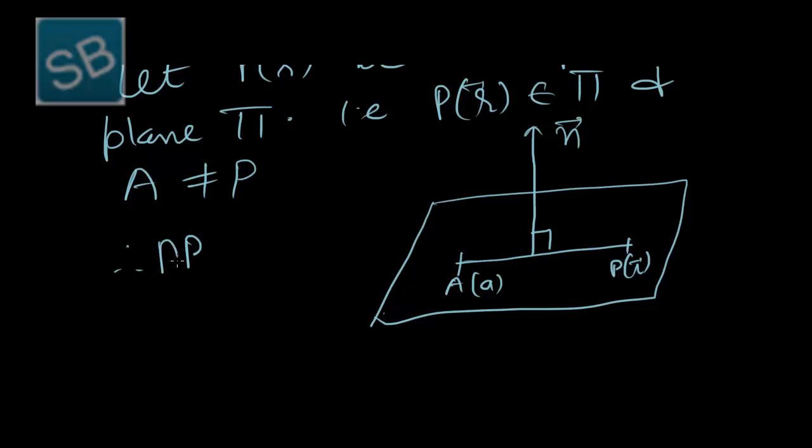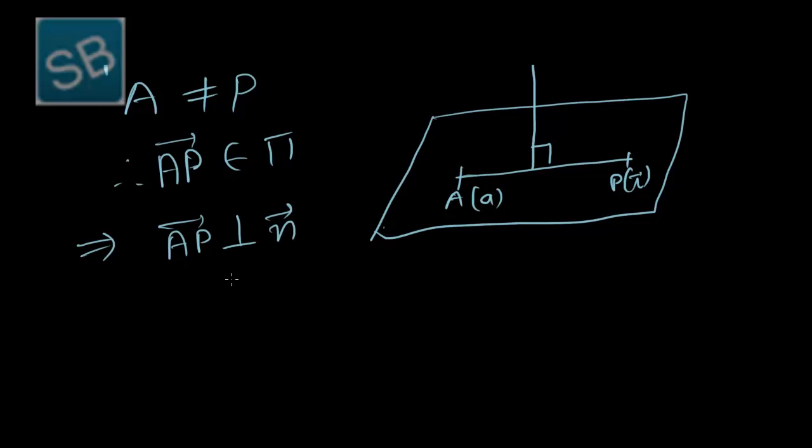Therefore, AP will belong to plane pi, which implies AP is perpendicular to normal n. And if two vectors are perpendicular, their dot product is 0. So the position vector of AP is r minus a, and its dot product with vector n is equal to 0.